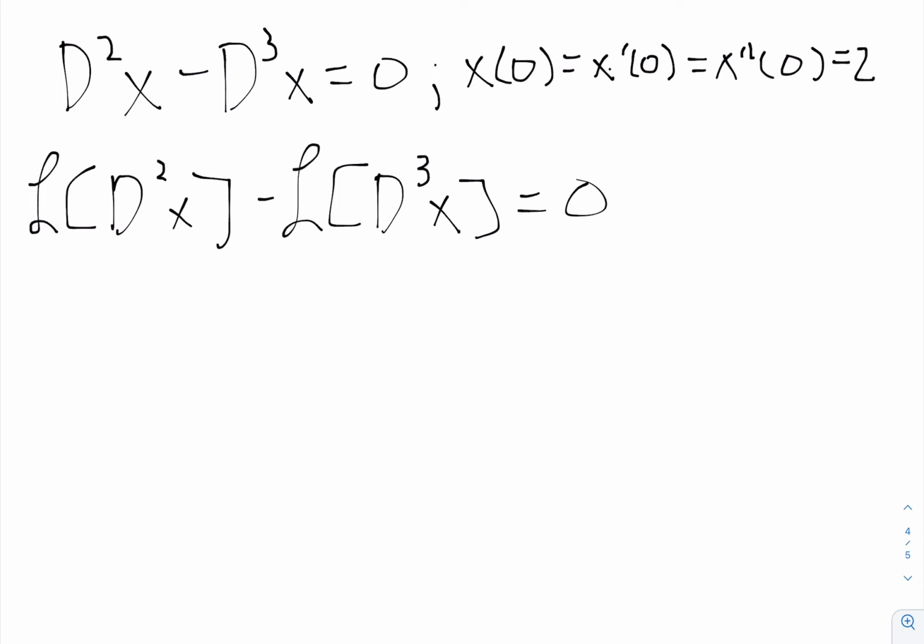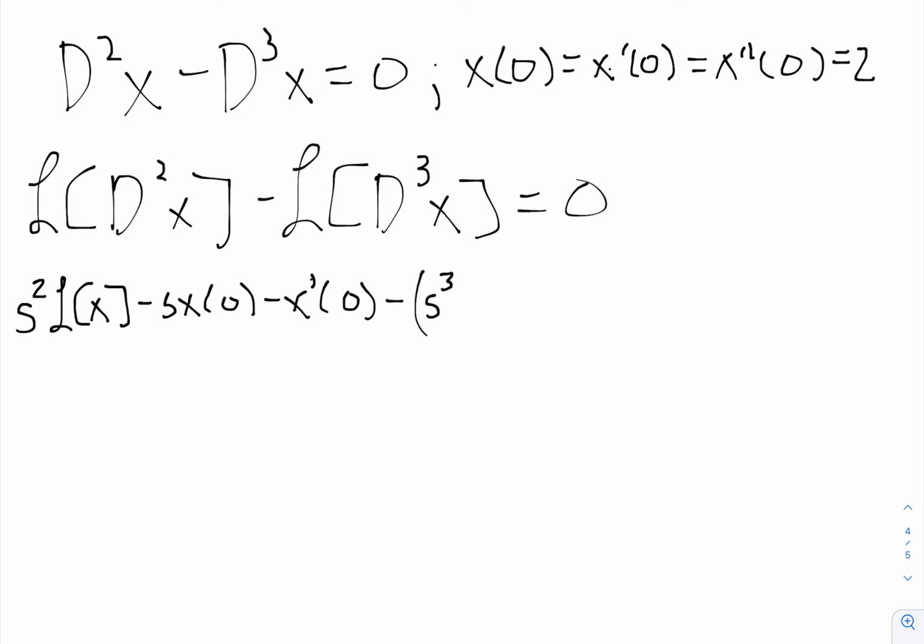So it's going to be like this long thing here. Just using our rules of derivatives and Laplaces, we're going to get s squared L of x minus s x of 0 minus x prime of 0. And then we're going to get minus in brackets because we want to distribute that, right? Can't forget that. It's an important step.